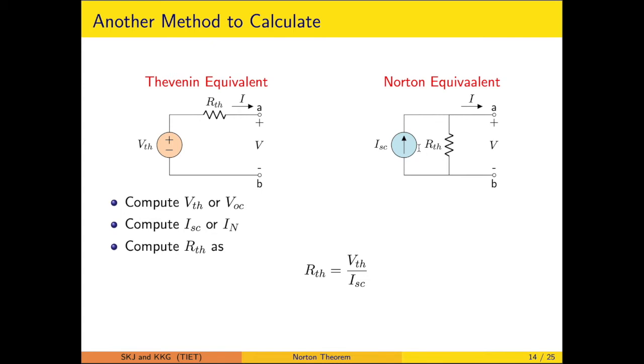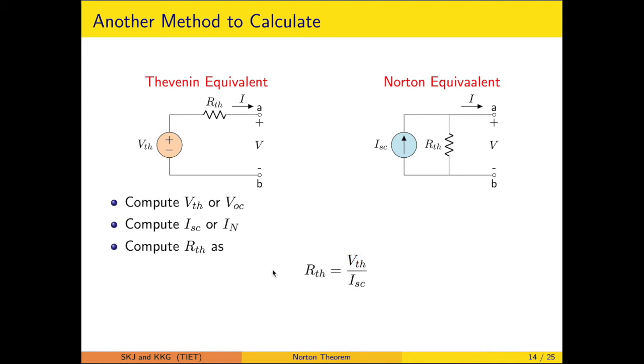This is possible when we are able to associate the RTH with the VTH and the ISC like this. So RTH is equal to VTH upon ISC, or you can say VOC upon ISC. So this is giving the third method to calculate the Thevenin resistance.